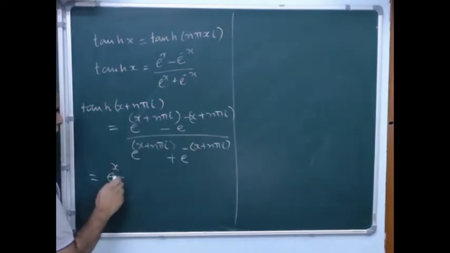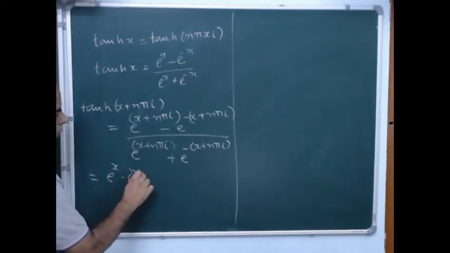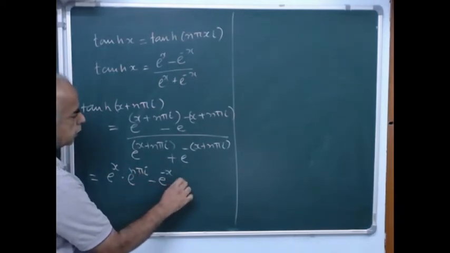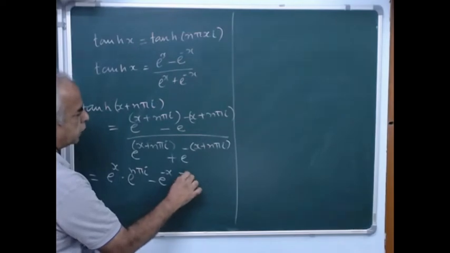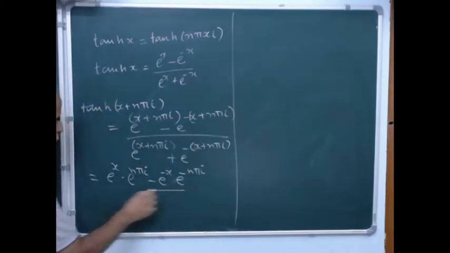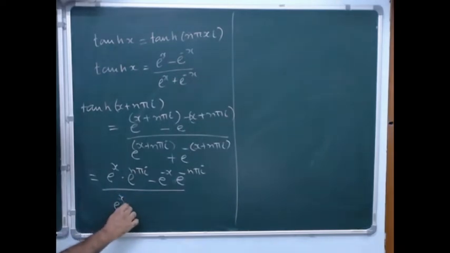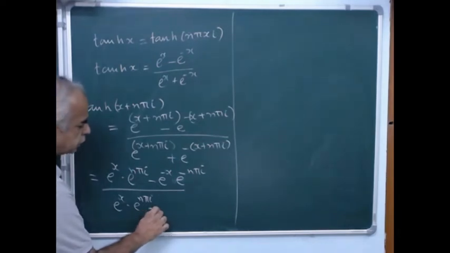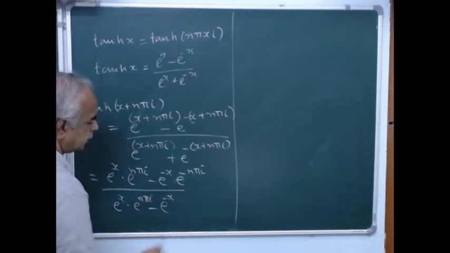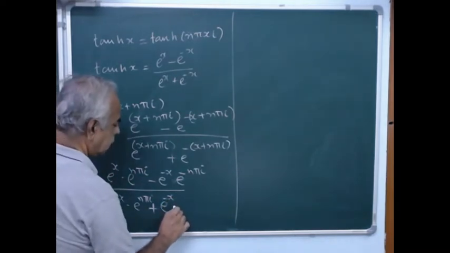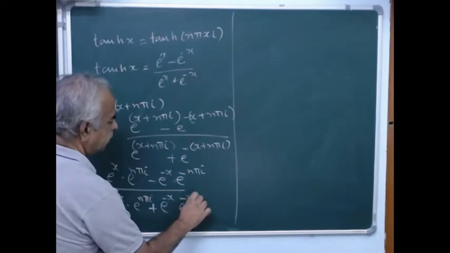Similarly, e power x into e power n pi i minus e power minus x into e power minus n pi i whole divided by e power x into e power n pi i plus e power minus x into e power minus n pi i.